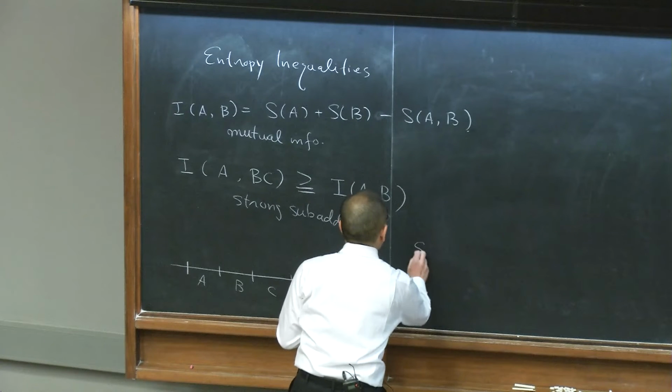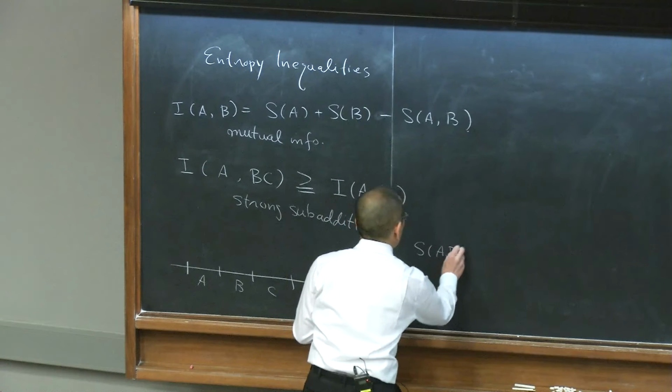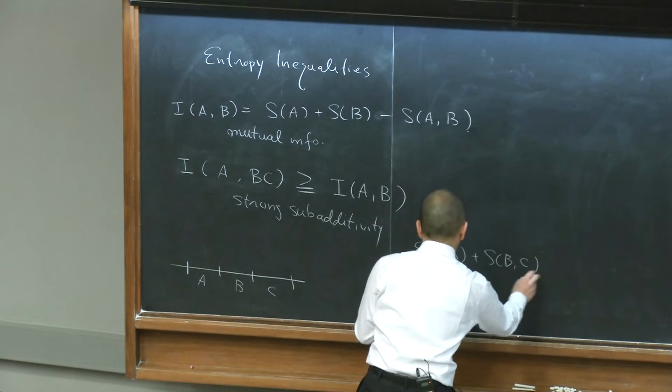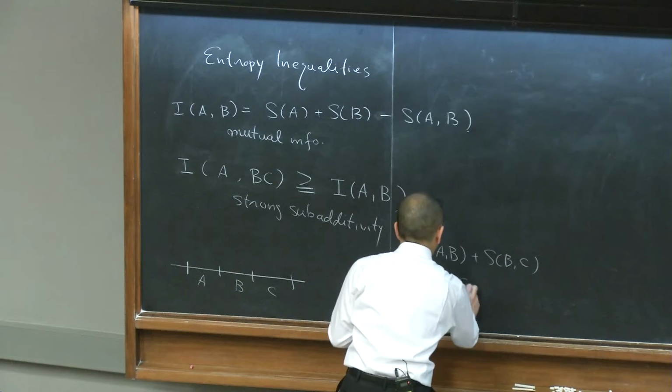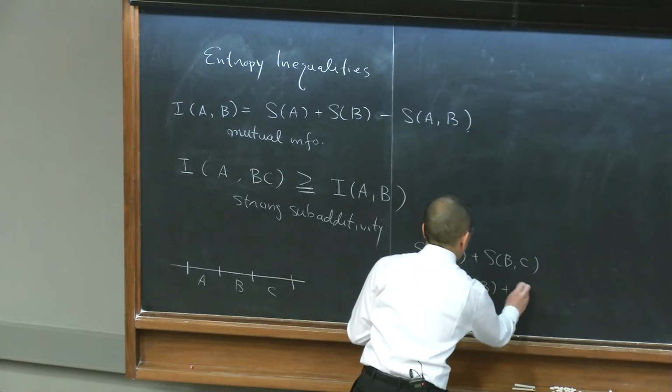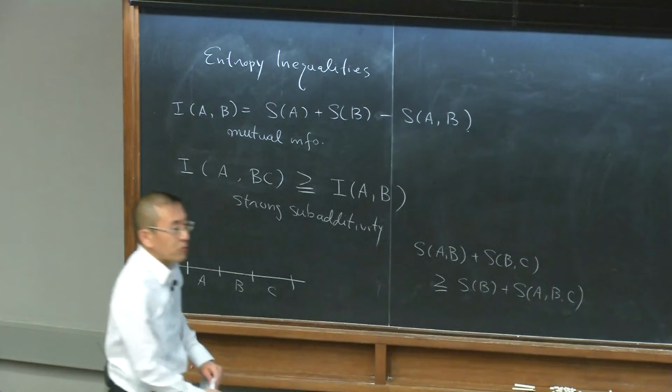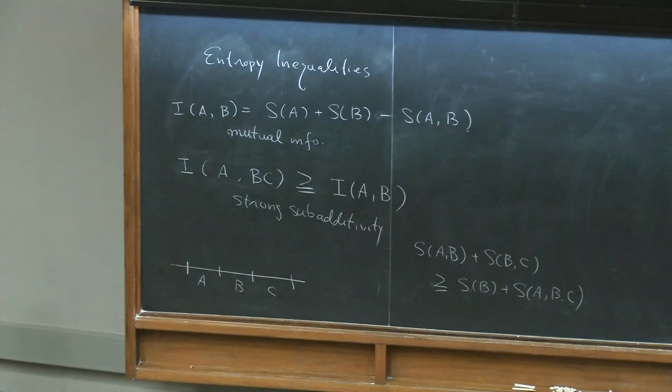Strong subadditivity says that S_AB plus S_BC is greater than or equal to S_B plus S_ABC. Okay, so let me draw these four terms pictorially here.